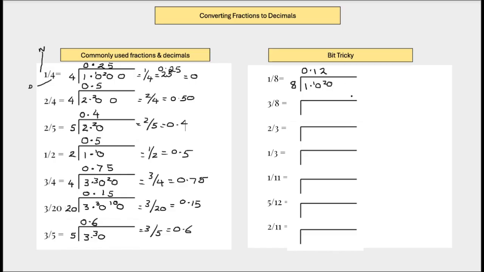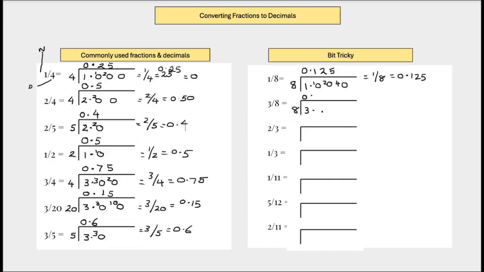And 2 times 8, which is 16, leaves us 4. Carry the 4 over. 8 into 40 goes 5. This is one to try and remember. 1 over 8 equals 0.125.